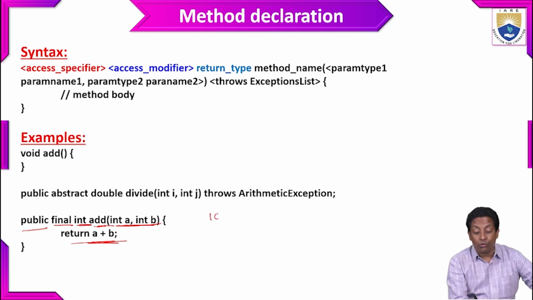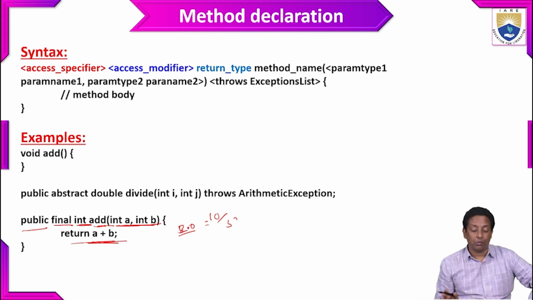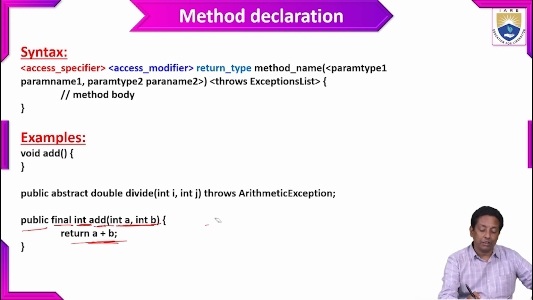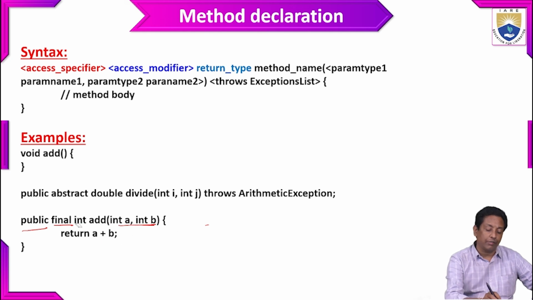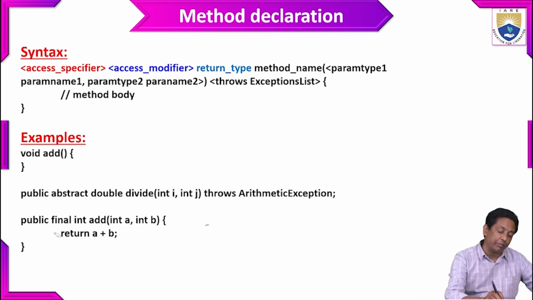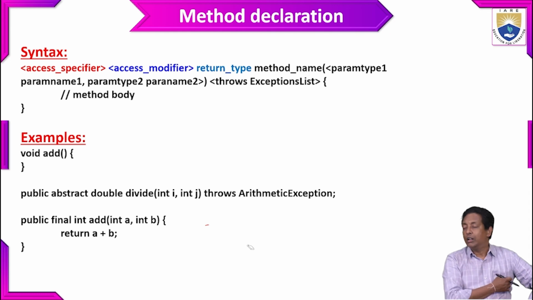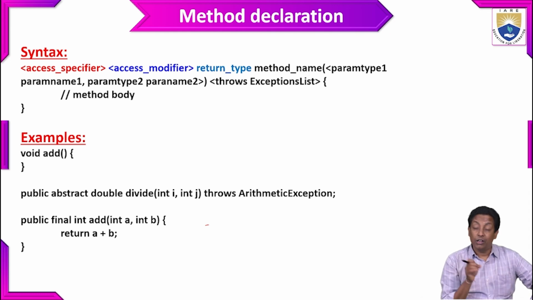But if you divide two integer variables, the result is a floating point value, a double. Division returns a floating point value, and addition, subtraction, multiplication will give int. If you add two ints, subtract, or multiply two ints, int will be the return type.